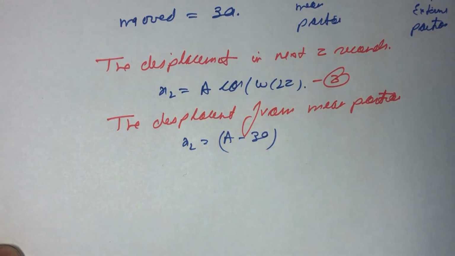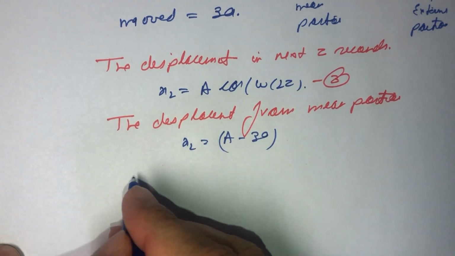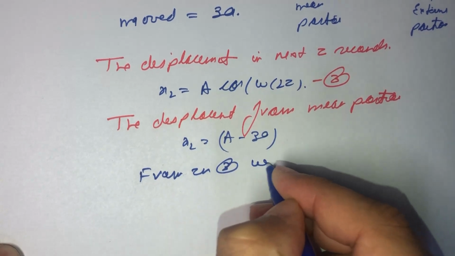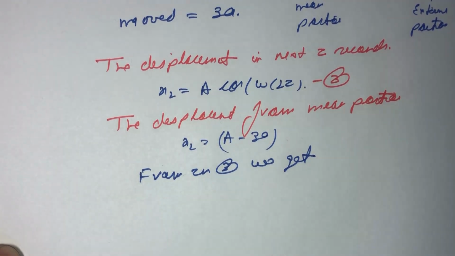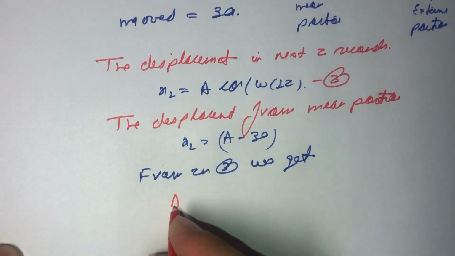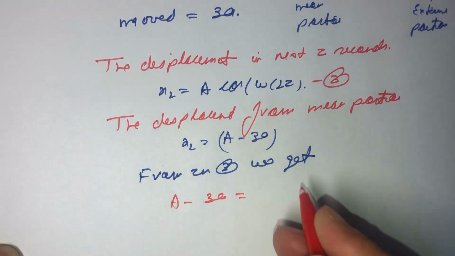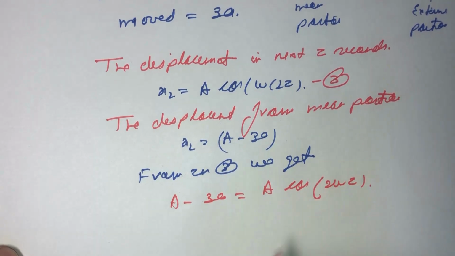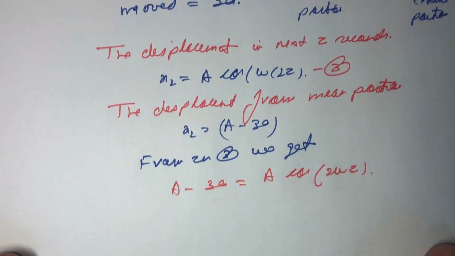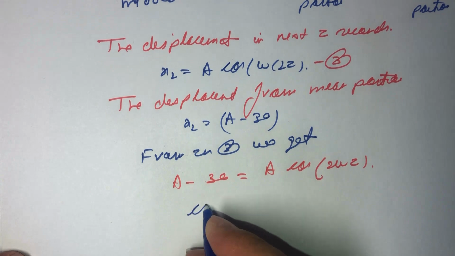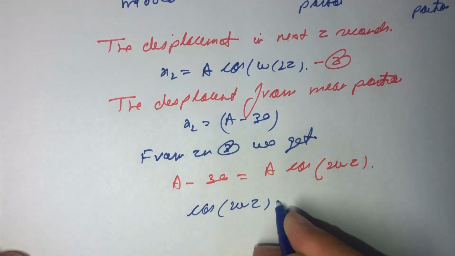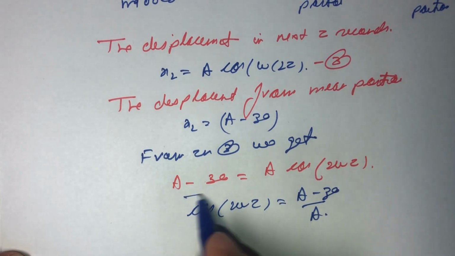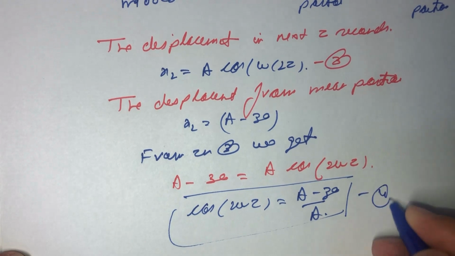So from equation 3, we get A minus 3a is equal to A cos of 2 omega tau, and we can find out the cos of 2 omega tau. Cos of 2 omega tau is equal to A minus 3a divided by A. Let us call this equation number 4.